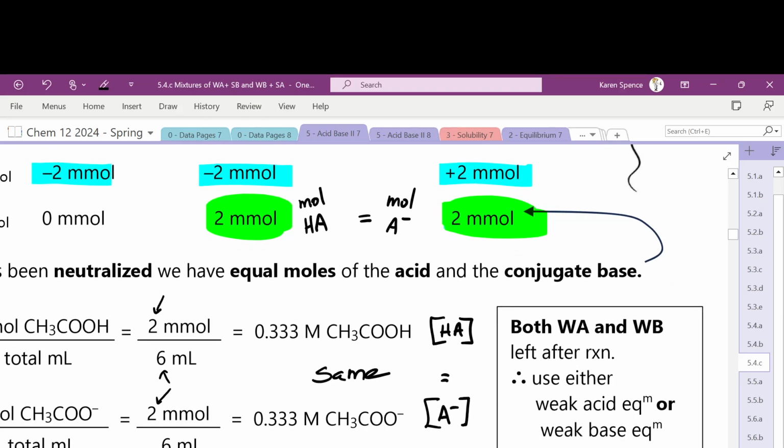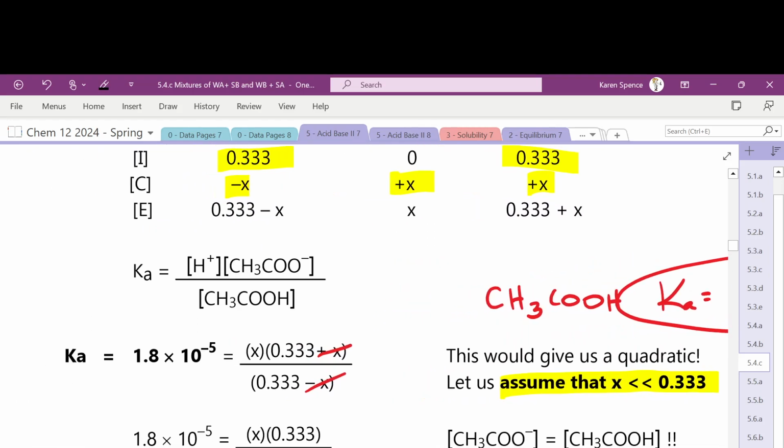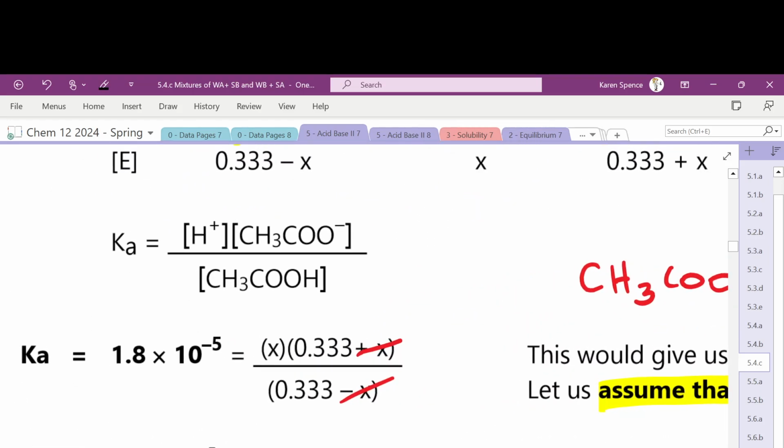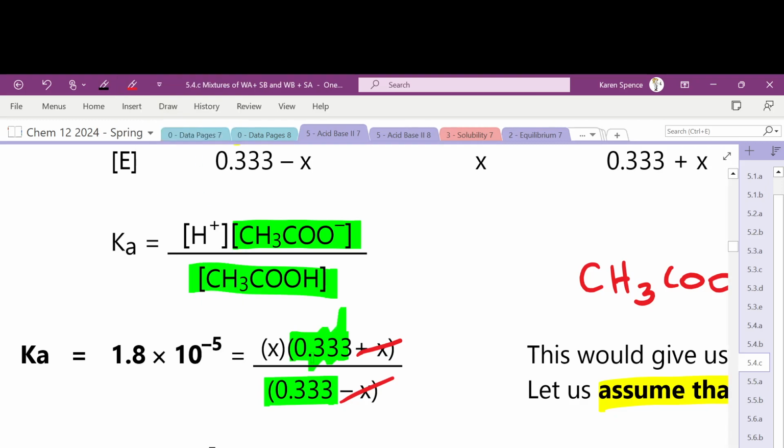And we can throw that all into a RICE table, which we did here. And we assumed X was insignificant. And when we assume X is insignificant, if the base form and the acid form are equal, then what do those do? They cancel out, right?